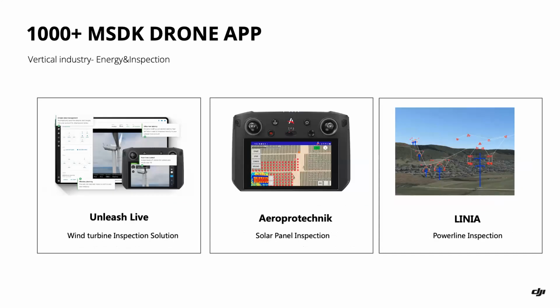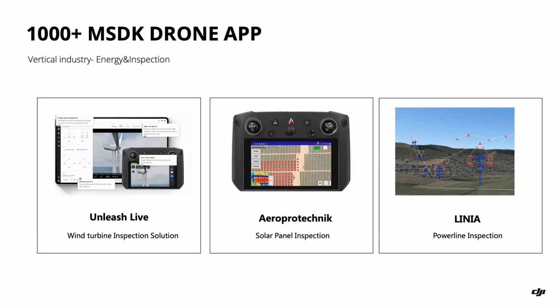On the energy side, mobile SDK applications can perform takeoff and landing manually or automatically. The live video broadcast built into some can have an operator flying and then team members back at the office looking at inspection statuses in real time.